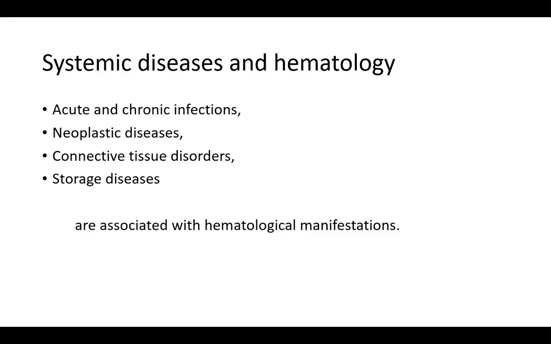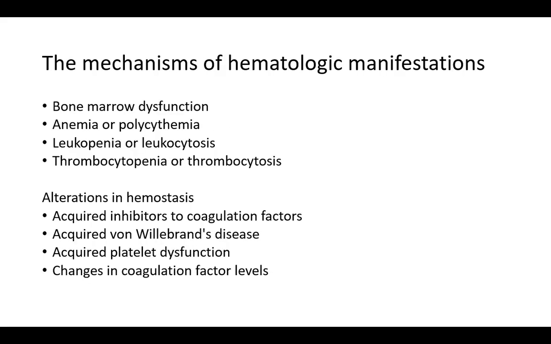Most of the diseases that are associated with hematological manifestations are usually infections, acute and chronic infections, connective tissue disorders. Also, neoplastic diseases have many hematological manifestations, as well as storage diseases, which you have already seen in some lectures.